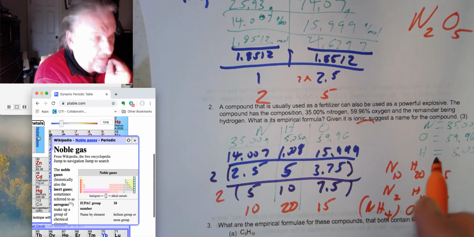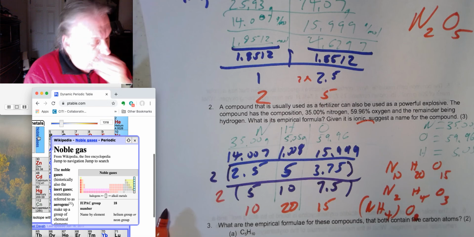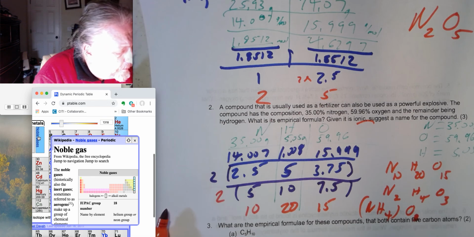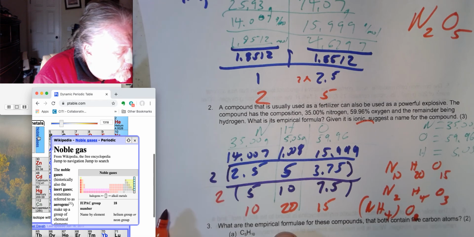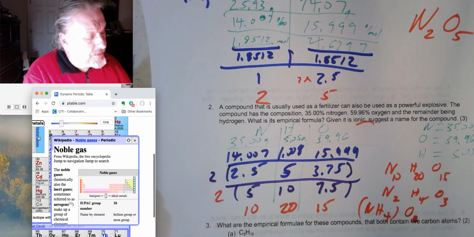I bet you. Yep. Anyway, I'll have to come back and work on that one. But make sure my math is right. 2 times 5, 7.5, 10, 20, and 15. Yeah, I'm pretty sure that's ammonium oxide.